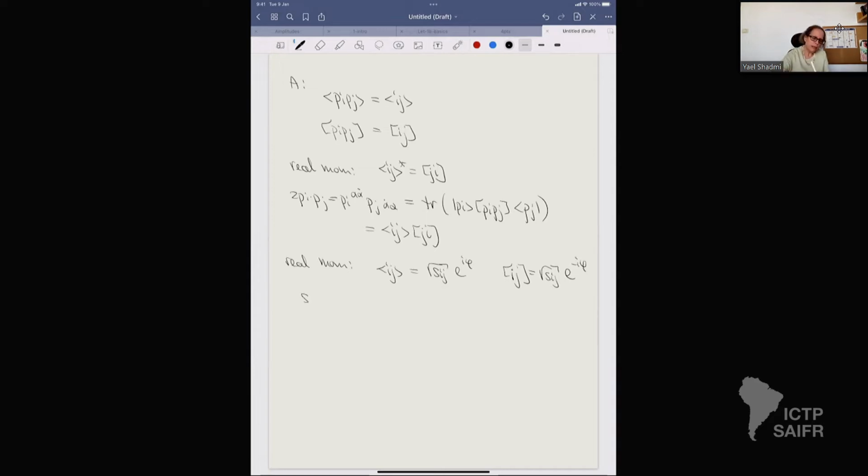And remember, my definition of Sij is just the Lorentz invariant that you construct out of pi plus pj, and it's equal to 2pi dot pj for massless momenta.